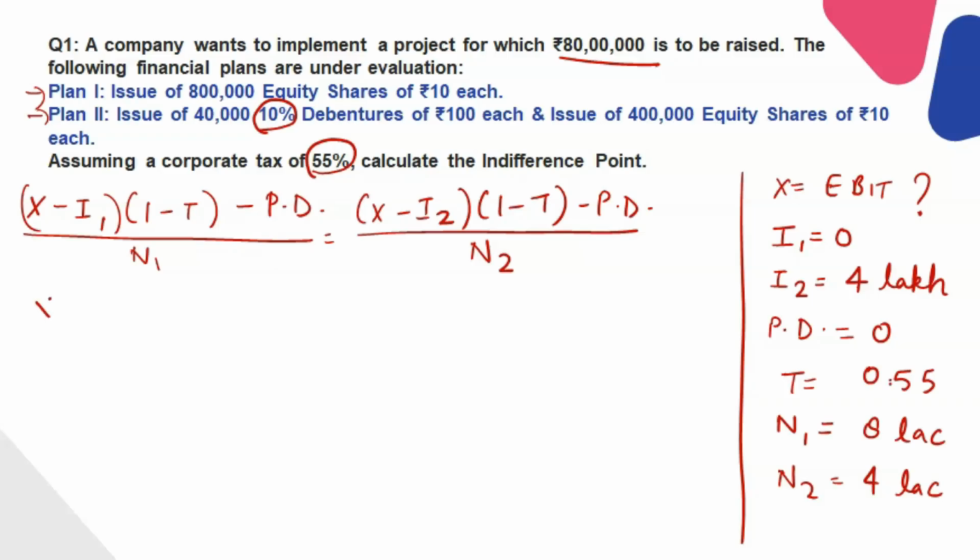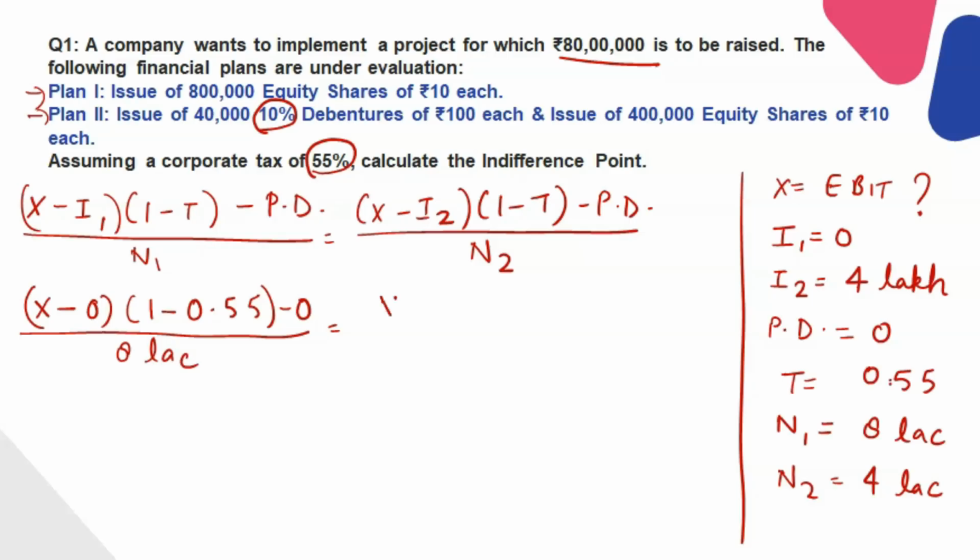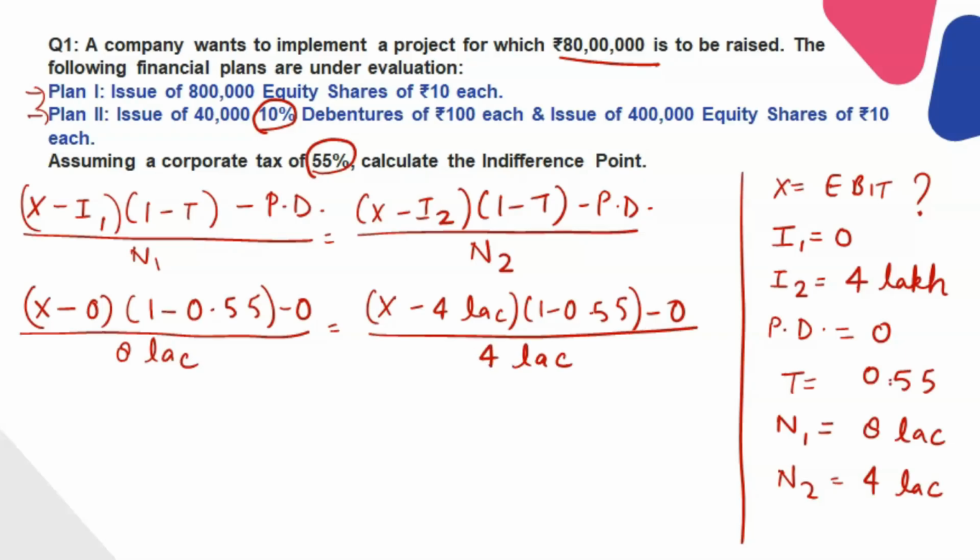So let's start. X minus I1, 0. First note down all the variables, then it will be easy for you to solve. (X minus 0) times (1 minus T is 0.55) minus 0, divided by N1 is 8 lakh, equals (X minus I2 is 4 lakh) times (1 minus 0.55) minus preferential dividend is 0, divided by N2 is 4 lakh.